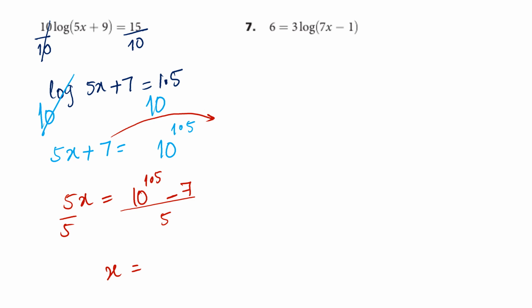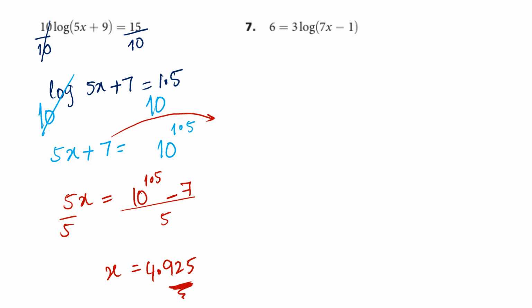So 10 to the power of 1.5, then minus 9, divided by 5, it will give you in the decimal as 4.9245. So round off to 4.925. Just write your answer till the 3 digits after the decimal.